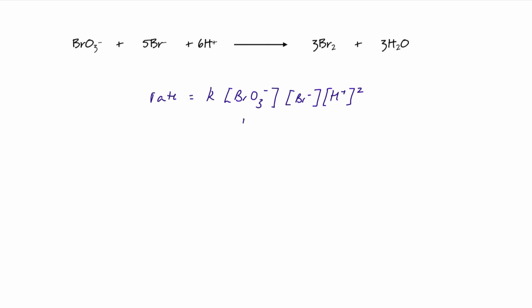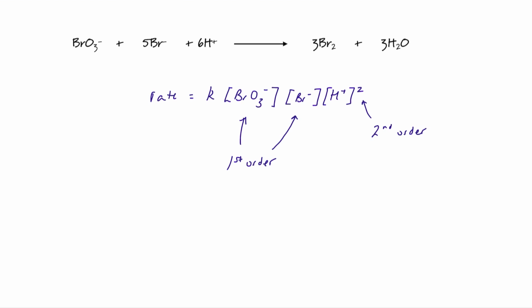So the reaction is first order with respect to the bromate(V) ions. It is first order with respect to the bromide ions, but it is second order with respect to the hydrogen ions. And 1 plus 1 plus 2 makes 4.